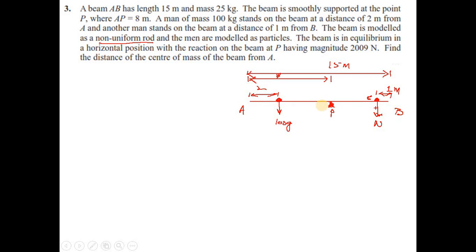And according to the situation, because P is at 8 meter from A, the center of mass should be between P and B, so that the rod will be in equilibrium. Because if you take the center of gravity between A and P, you would have a greater moment in the anti-clockwise direction. So I'm assuming here this is the center of gravity, and the weight acting is 25 G, and the center of gravity is X meter from A. This is X.